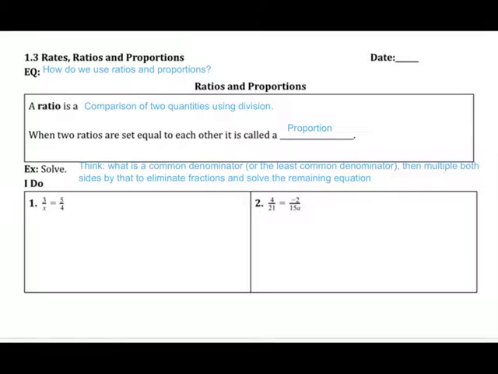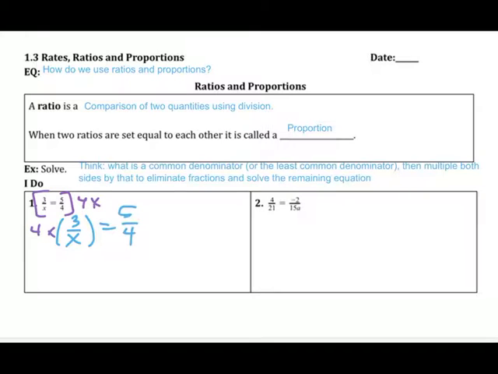So when I look at number 1, I'm asking myself, what is the common denominator? I have x in one denominator, I have 4 in another denominator. So I know that the common denominator is, in this case, just going to be both of those things, 4 and x. So if I multiply both sides of the equation by 4x, I can actually get rid of my fractions. And I'm going to show you that step here.